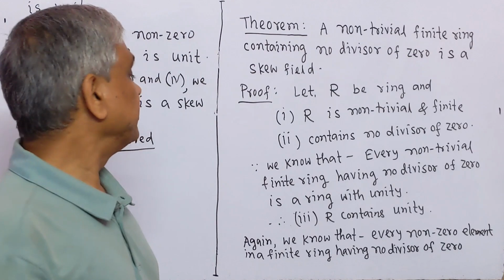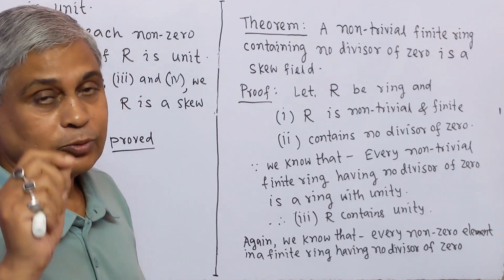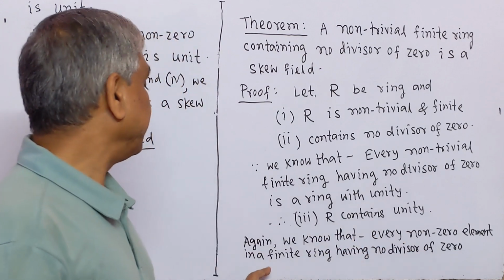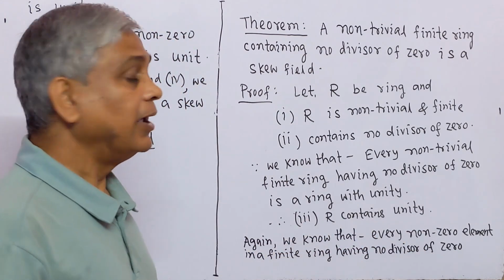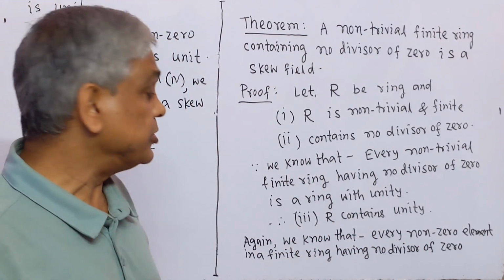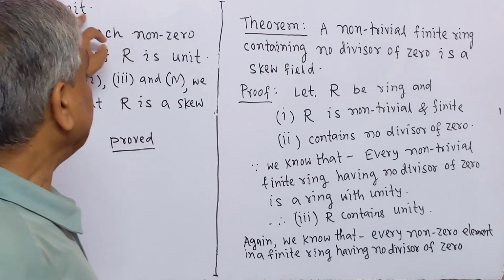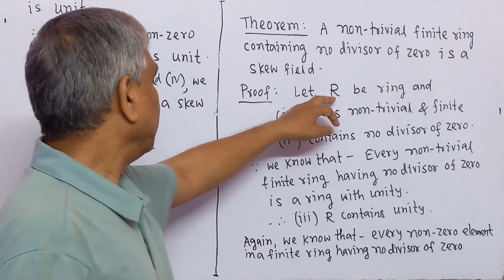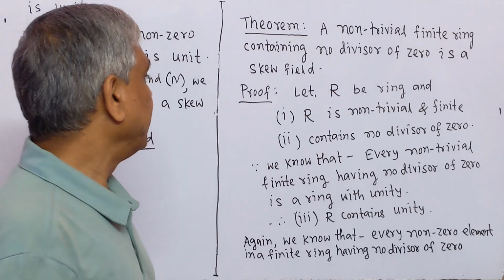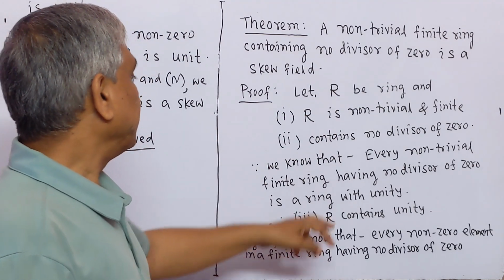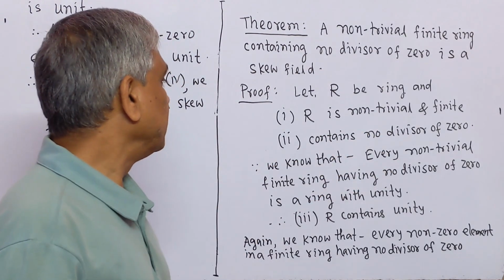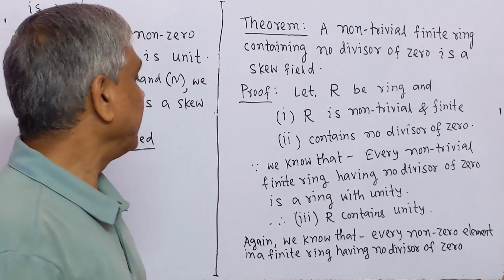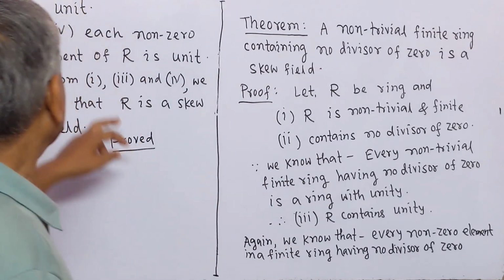This is number 3. Again, we know that every non-zero element in a finite ring having no divisor of 0 is a unit. Since R is a finite ring and contains no divisor of 0, therefore each non-zero element of R is a unit.